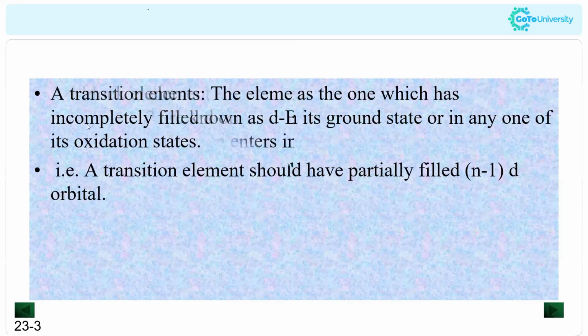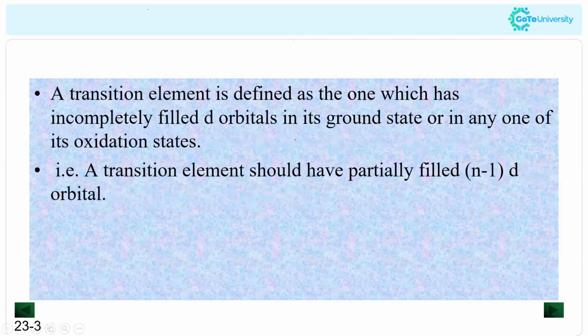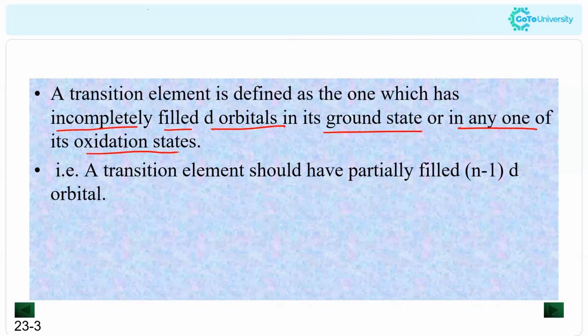Why are we calling them transition elements? Their properties are actually doing the transition from one side to another, right? And we can define the transition element: they have incompletely filled d orbitals in the ground state or in any one of its oxidation states.